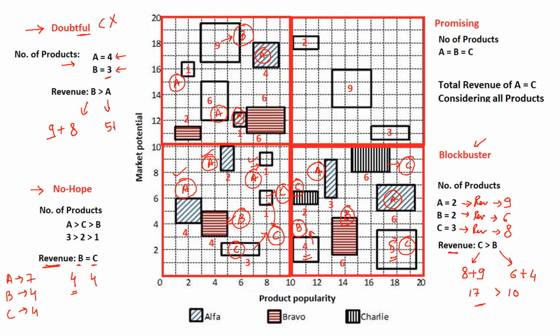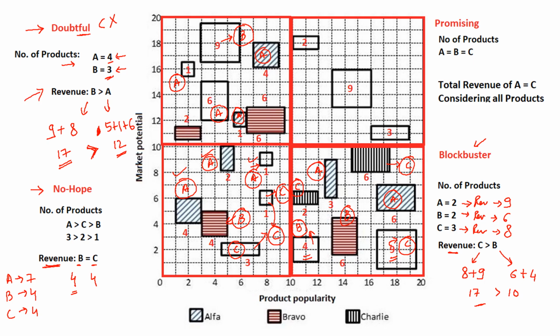So 5 plus 1 plus 6, we are having the 4 products. So 5 plus 1 is 6, 6 plus 6 is 12, and 9 plus 8 is 17. So we are having the area of B greater than A, and we are also satisfying that the number of products of A is 4 and B is 3, and satisfied the revenue condition.